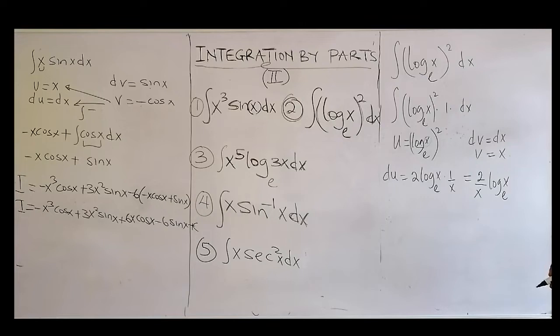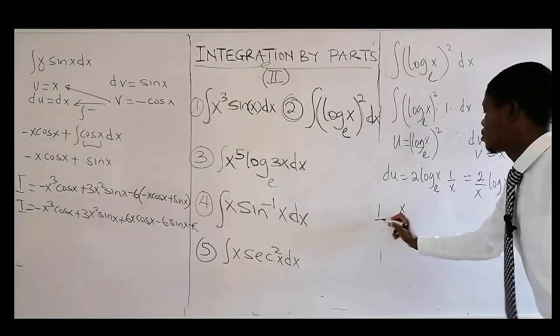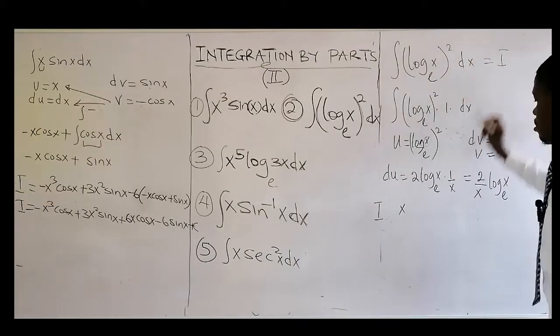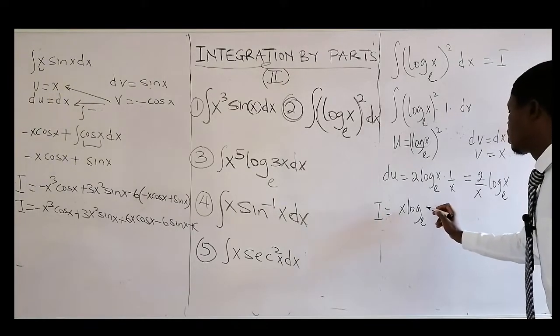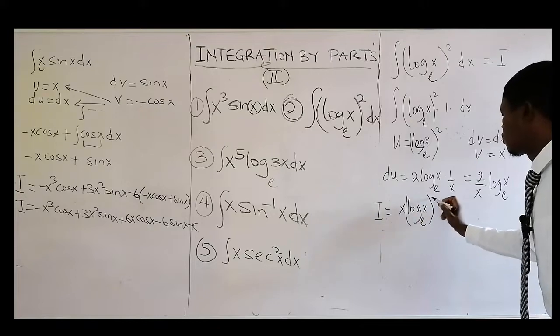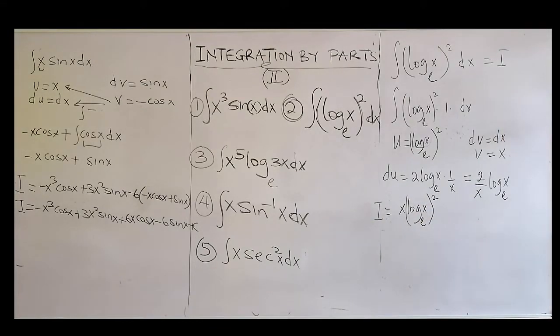Okay, let's do the uv. My uv will be x log x base e squared. Let me call the question I. I equals uv, x times log squared, then minus the integral of v, which is x, times du. du is 2 over x times log x. Then dx.